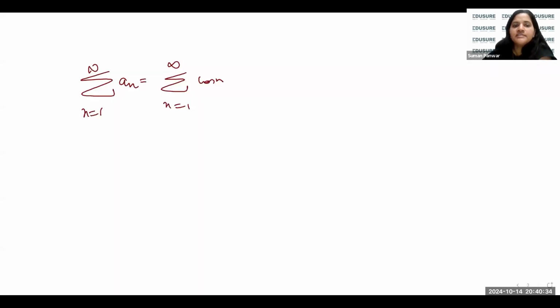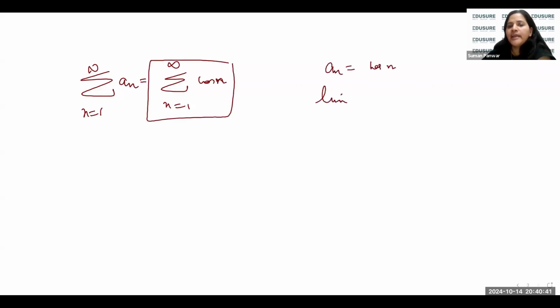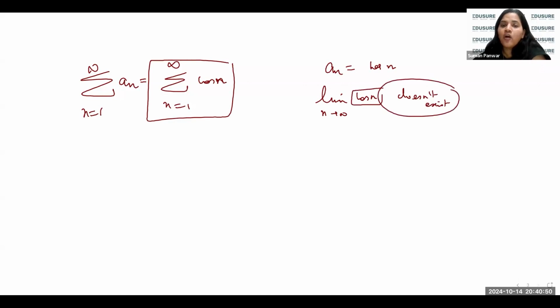Suppose you're given this series. Now, a_n is equal to cos of n, and limit n tending to infinity cos of n doesn't exist. This limit will never exist because cos oscillates between -1 and 1, and we don't know what happens when n goes to infinity. Cos is a bounded function.